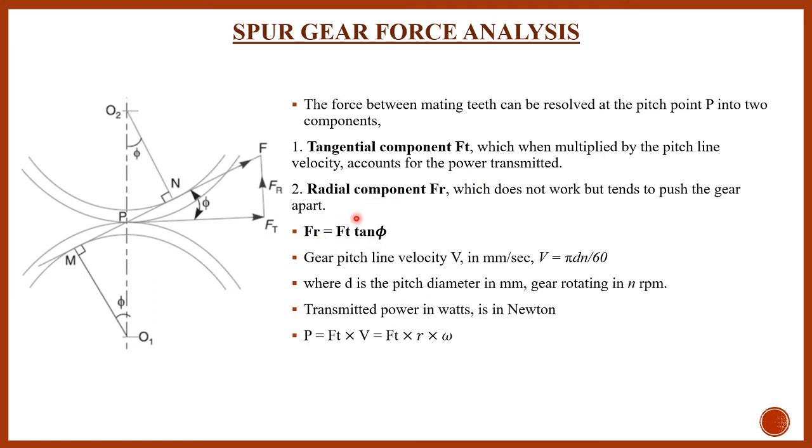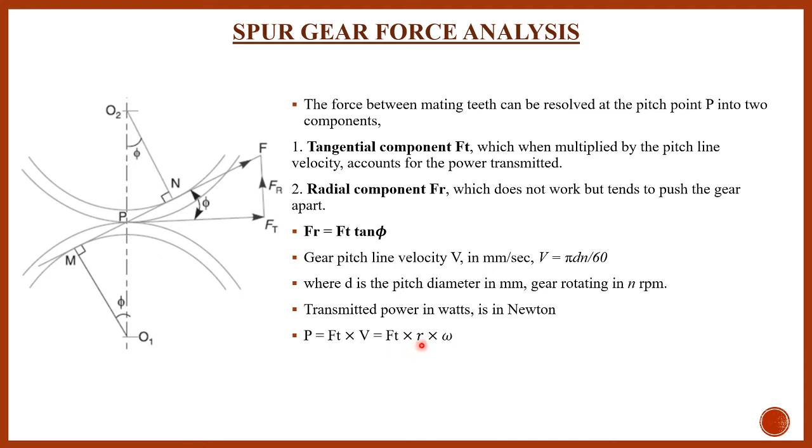Okay, now we'll find the relationship between Fr and Ft. If we consider this right angle triangle, Fr is equal to Ft tan phi, where phi is the pressure angle. Again, I want to find out the total transmitted power. That power transmitted is equal to Ft into V, where V is the pitch line velocity, that means the velocity of this gear.